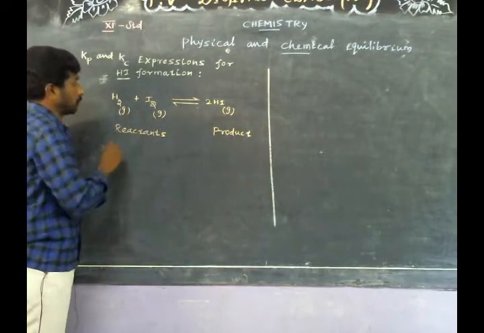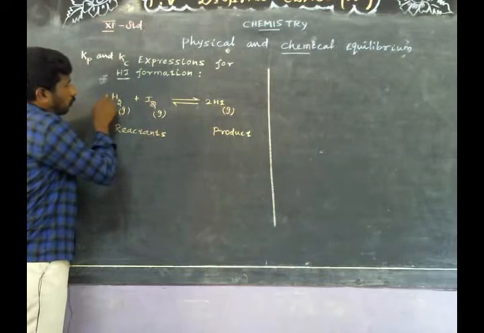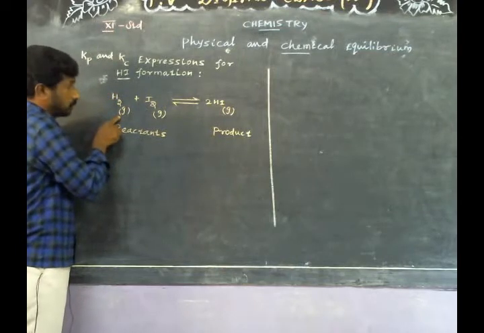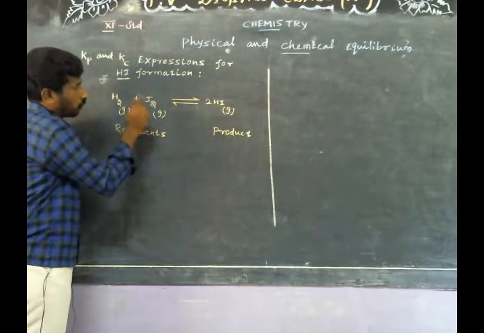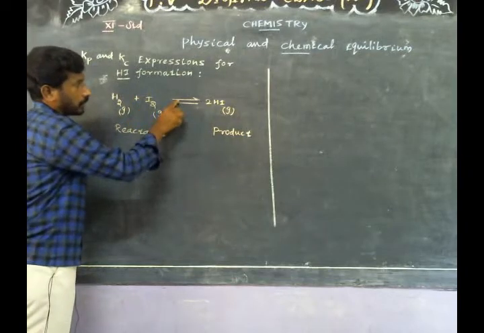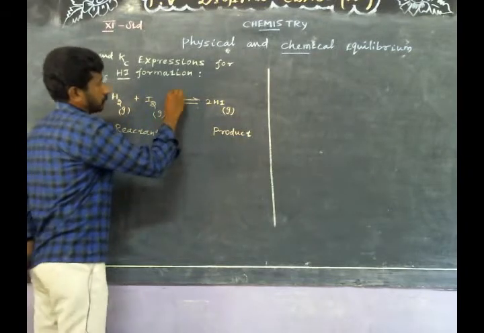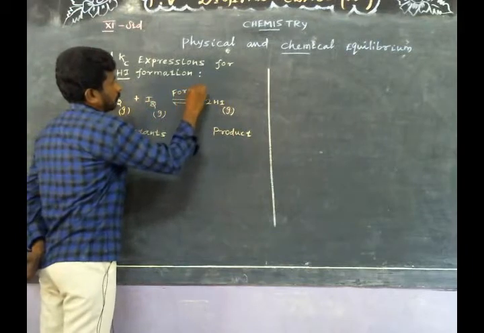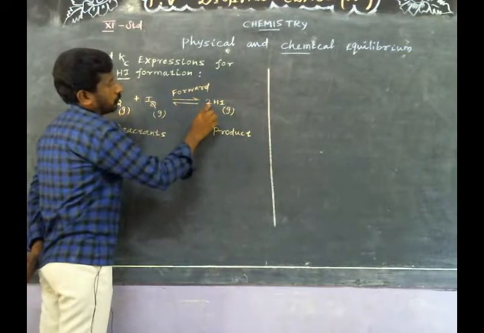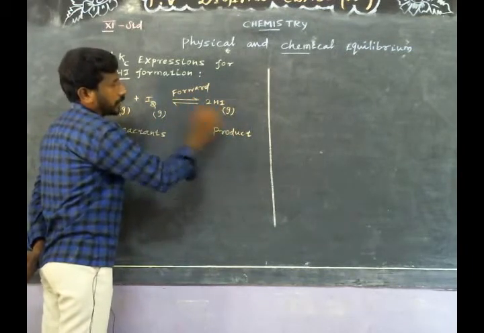In this reaction, 1 mole of hydrogen gas reacts with 1 mole of iodine gas in the forward direction to give 2 moles of hydrogen iodide gas.